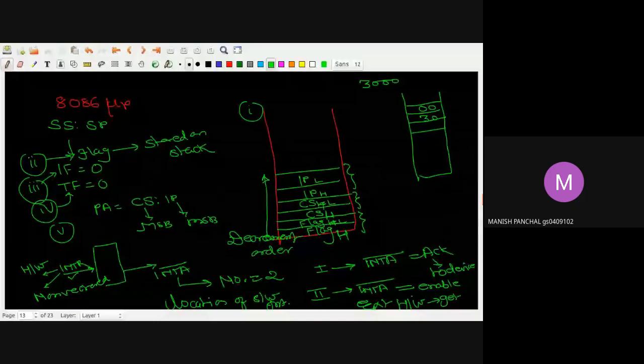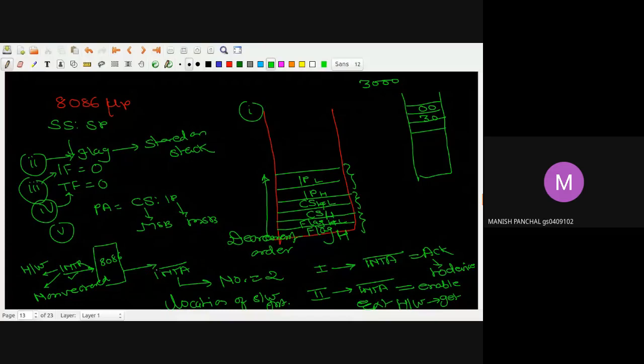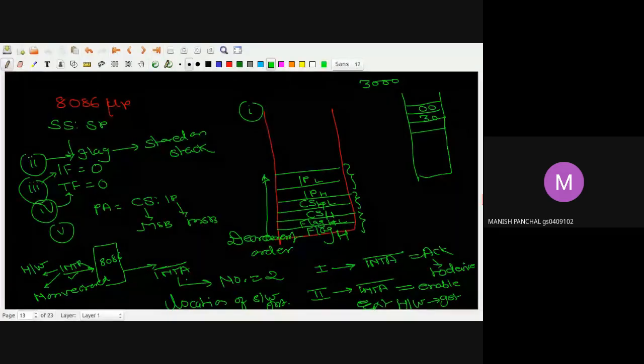So I am again repeating that, apart from the stack operation, if you get the interrupt request on INTR, the first thing the 8086 microprocessor will do is generate two interrupt acknowledgements. The first interrupt acknowledgement gives a signal to the external device that your interrupt is recognized, so don't send a further interrupt.